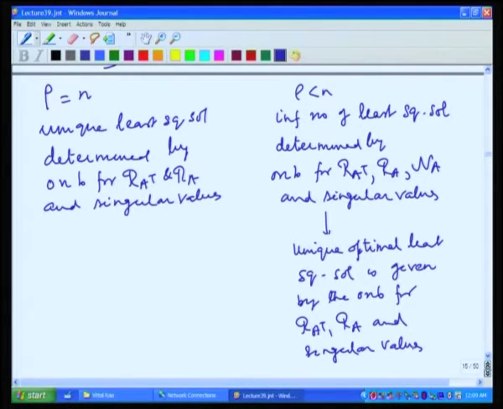So, the moral of the story is that the 4 orthonormal bases that we have chosen, for the range of A transpose, for the null space of A, for the range of A and the null space of A transpose, together with the singular values and the special way we have chosen these orthonormal bases, completely answer all our questions about the solution of the system explicitly.